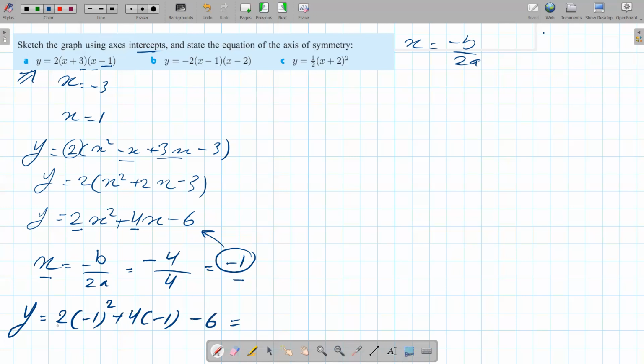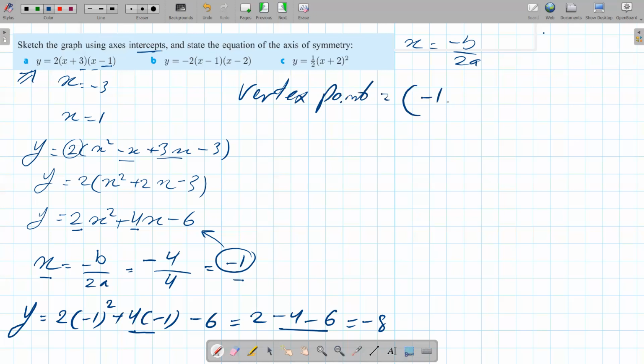It equals 2 times 1 becomes 2, and here negative 4 and negative 6. Then negative 10 and 2 becomes negative 8. Then the vertex point equals negative 1 and negative 8.